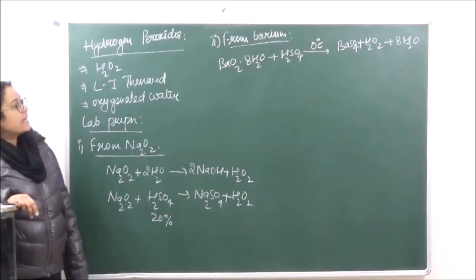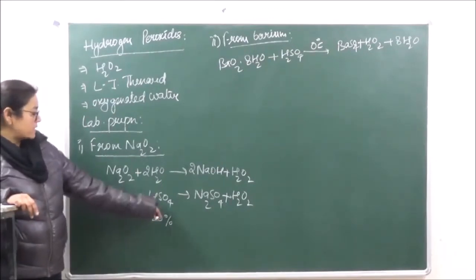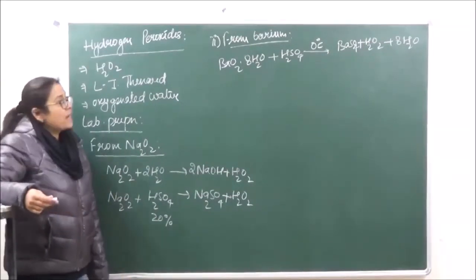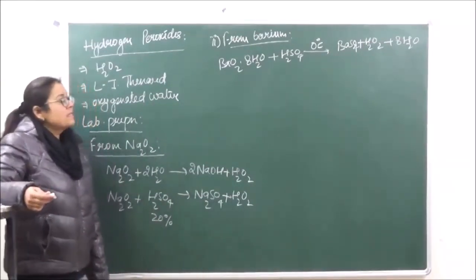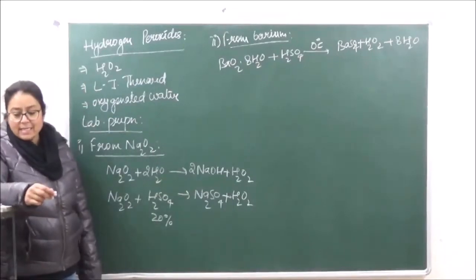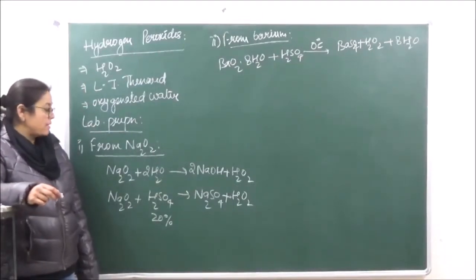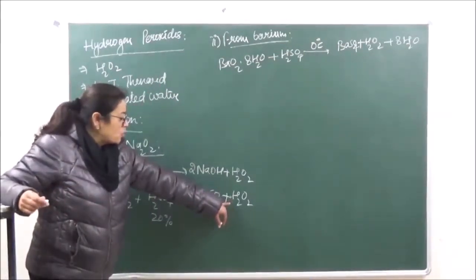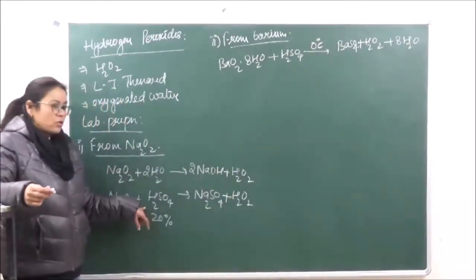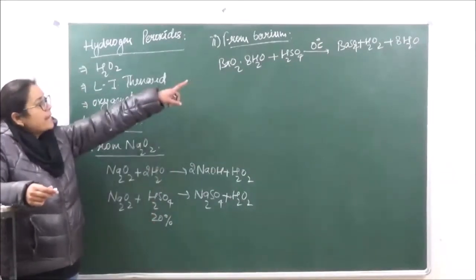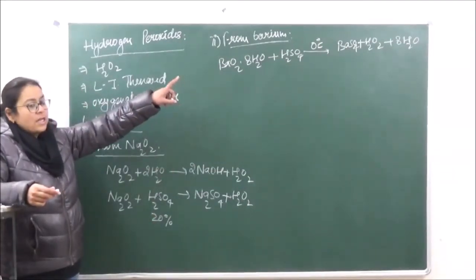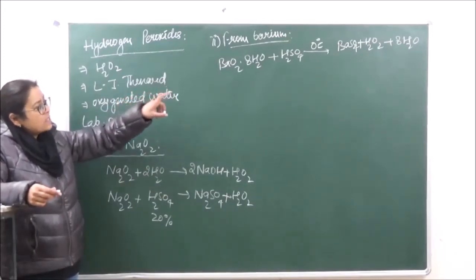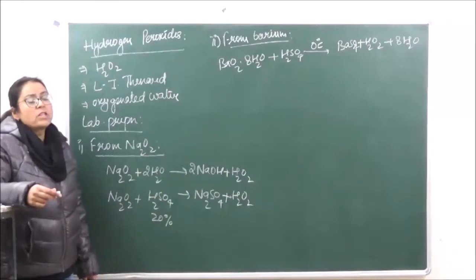Now it is seen that the use of sulfuric acid, as we are doing over here, has one disadvantage. The disadvantage is that it catalyzes the decomposition of hydrogen peroxide very easily. So when we are looking at H2O2 which is formed by reaction of H2SO4 in this reaction and H2SO4 in that reaction, in both these cases the H2SO4 has a tendency to decompose the H2O2 which is formed.